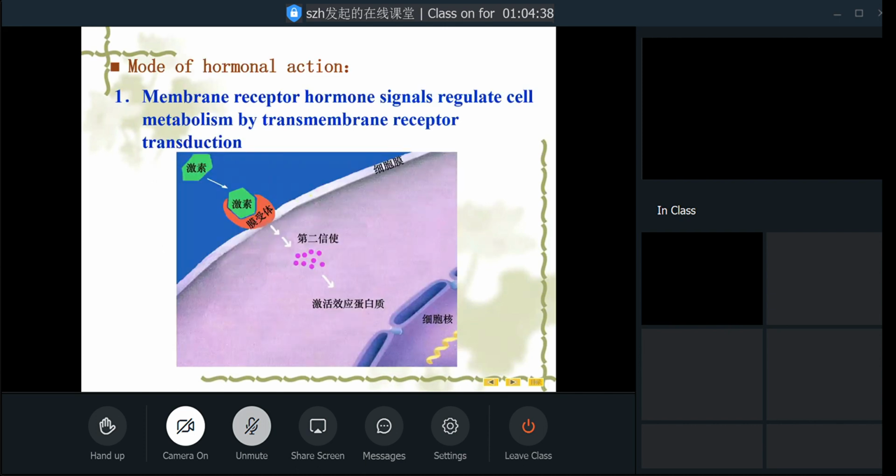Here, these are copied from cell biology. They bind with the membrane receptor and produce a secondary messenger molecule, for example cAMP, and activate other enzymes, and so on.